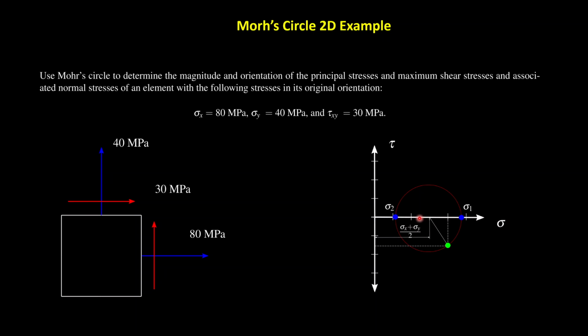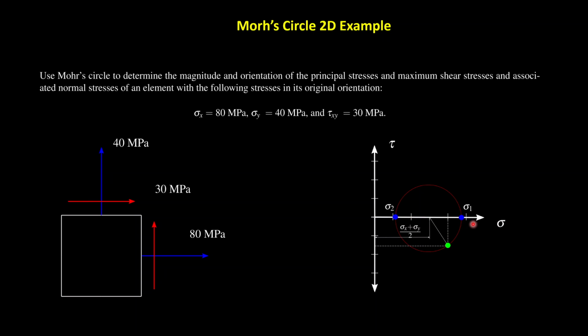If I have a properly scaled graph, I can know this is the center of the Mohr circle, and then I know where it cuts the normal axis. That is going to give me the principal stresses, meaning that with a properly scaled axis, I could read directly from the chart the values of the principal stresses. For this, we don't need any formula, and this is the beauty of a Mohr circle, because without doing any calculation, you can extract the principal stresses.